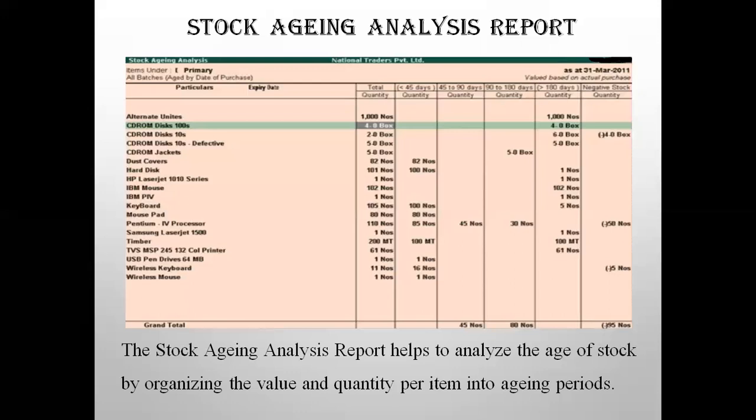So this helps to identify any expired stock and how many units have what time remaining until expiry. According to that, we are going to sell it. So how many stock items or units are remaining until expiry, to dispose of them faster. All these things are shown to you in the stock aging analysis report.